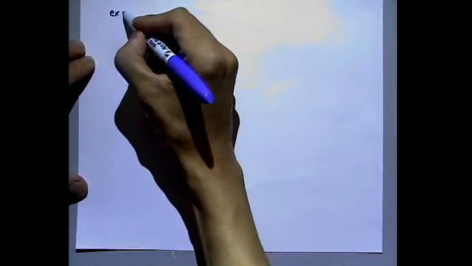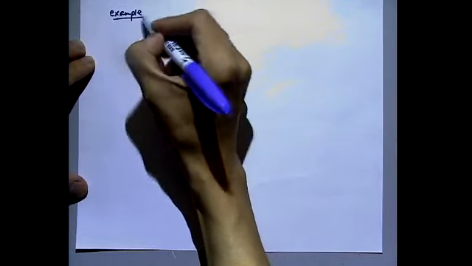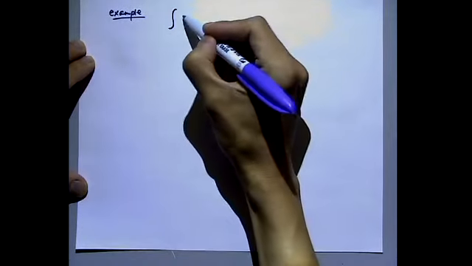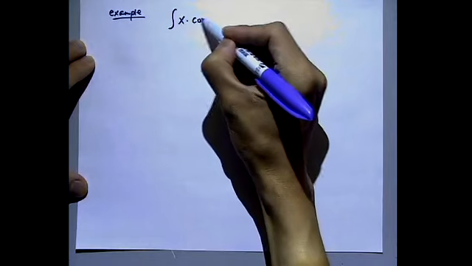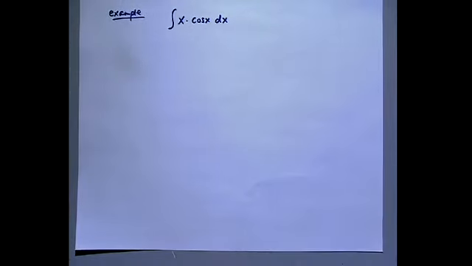Okay, let's do a few more examples. And we'll focus on what we let u be. So here we have x times cosine of x.